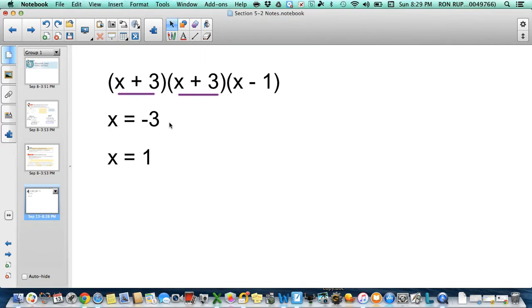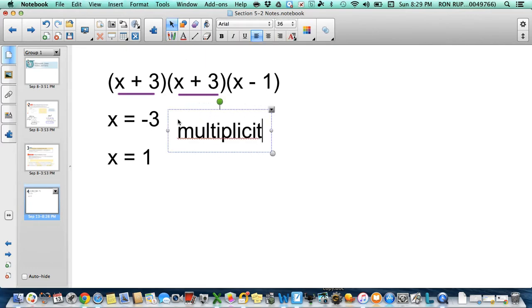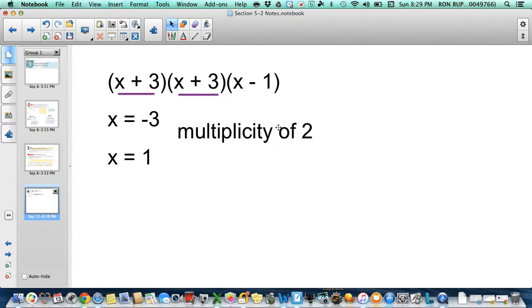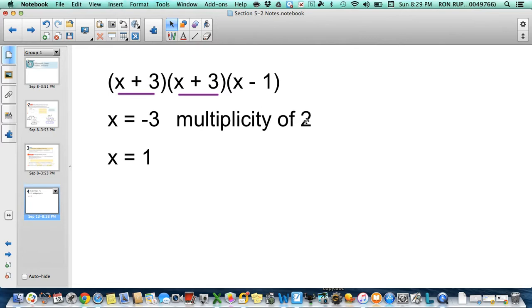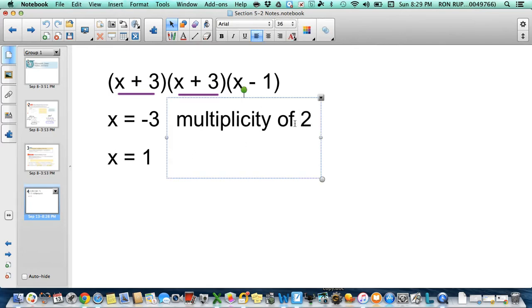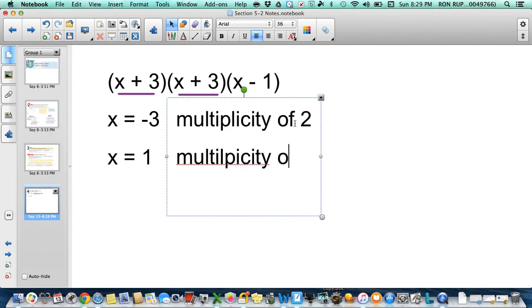That means the zero, negative 3, has a multiplicity of 2. And the zero, x equals 1, well, there's only one of those, so it has a multiplicity of 1.